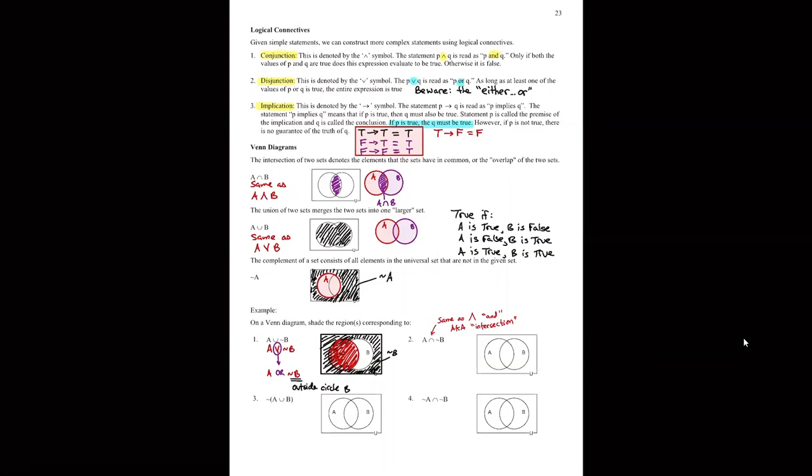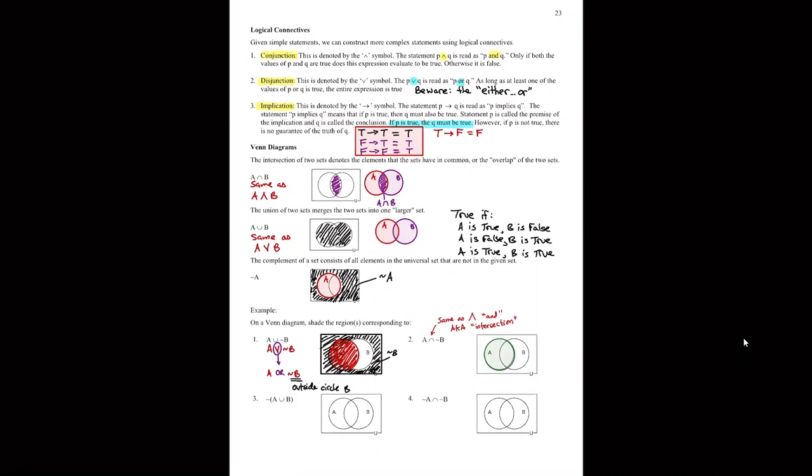So when I say the intersection of A and not B, the first thing I would want to know is what is A, right? And that's where a nice diagram comes into play. So that's what A is.